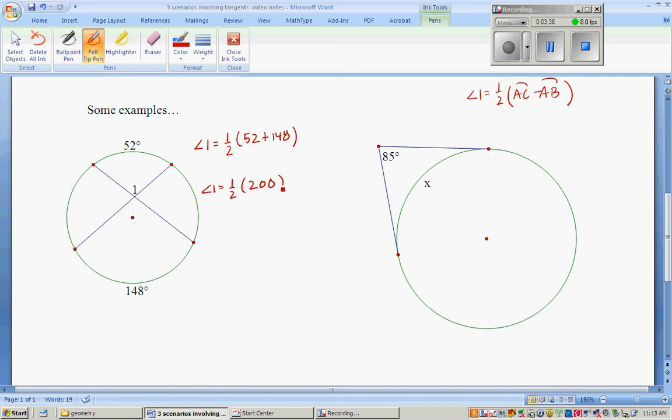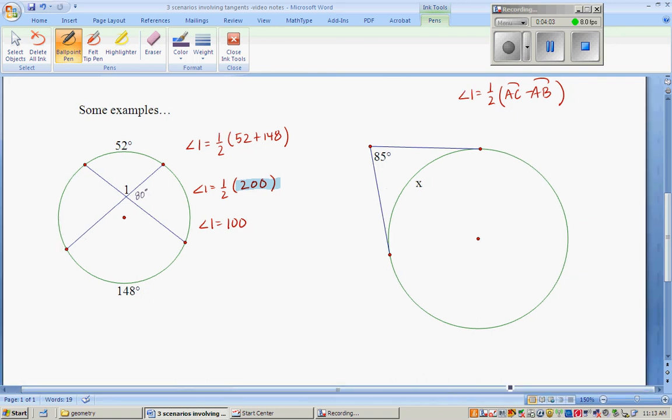It's very easy to see then that angle 1 is 100. If you had gotten an odd number in this position, instead of taking half of that odd number, you could double both sides of the equation. Then that would eliminate your need to take half of it. So angle 1 is 100, and that means that this angle over here, should they ask about it, is 80.